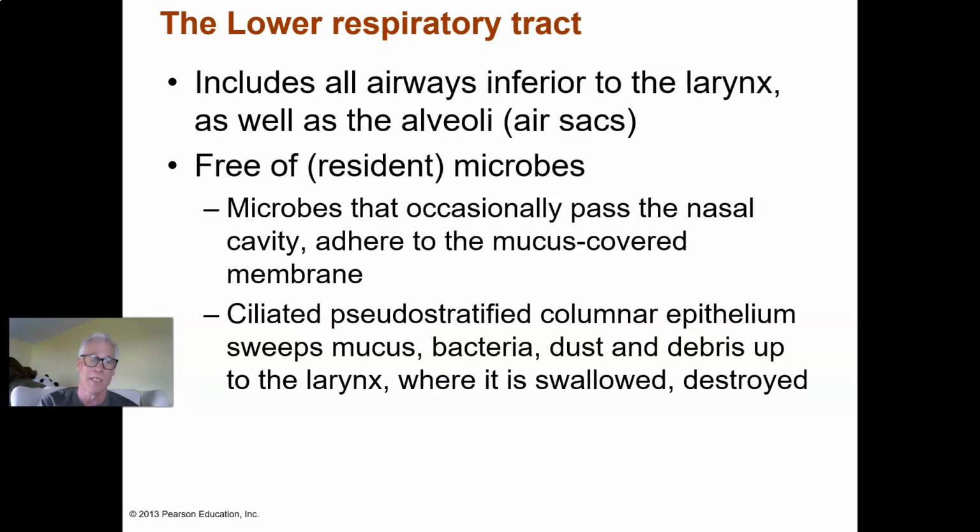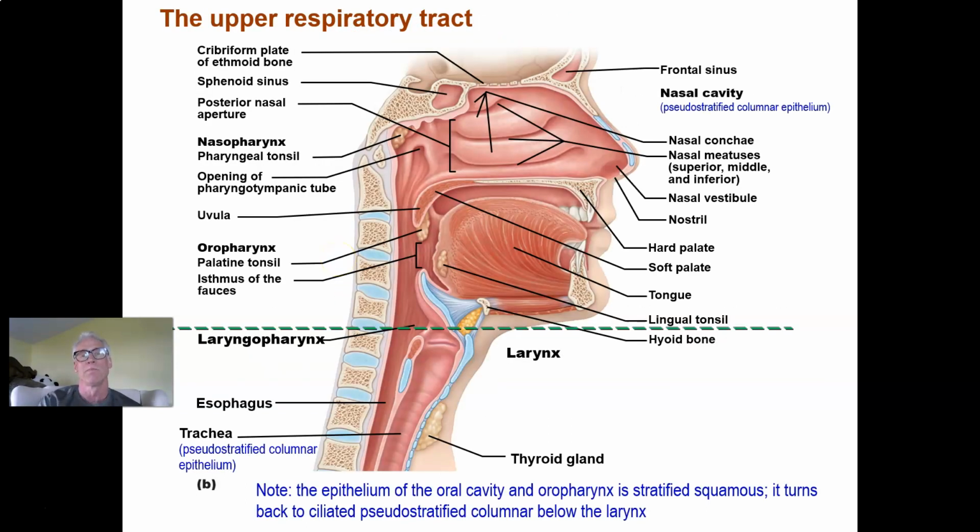But the point is, the cilia are these motorized whip-like hairs covered with a layer of mucus on this mucous membrane that can capture dust, debris, and bacteria and so forth that enter into the respiratory system, and in the nasal cavity sweep them posteriorly to be swallowed down into the stomach, or in the lower respiratory system swept up to the larynx and then eventually swallowed down into the stomach, where they'll be destroyed.